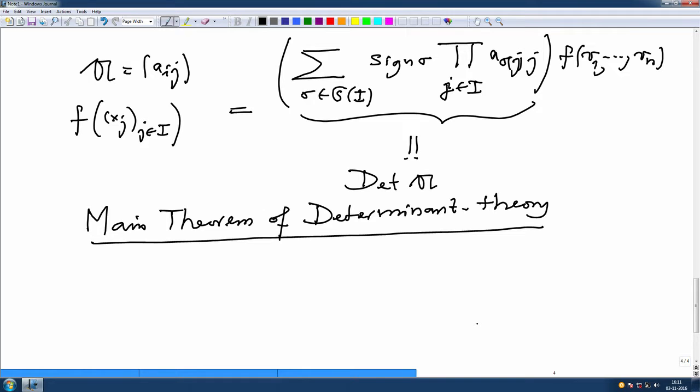So it is uniquely determined by the value of an alternating form on a basis. So let us start with the basis.